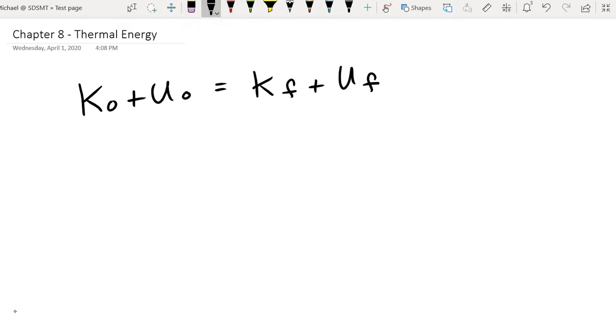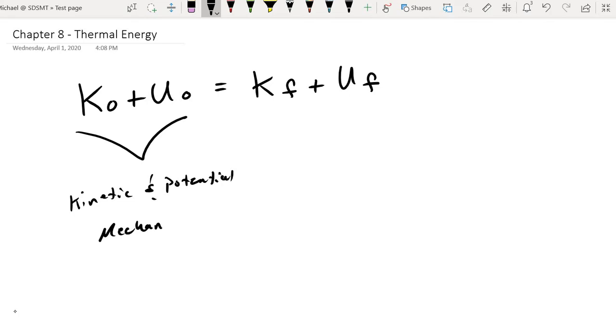And it's at this point that the book takes the combination of the two energies, kinetic and potential, and puts it together into a single term that we're going to call mechanical energy.